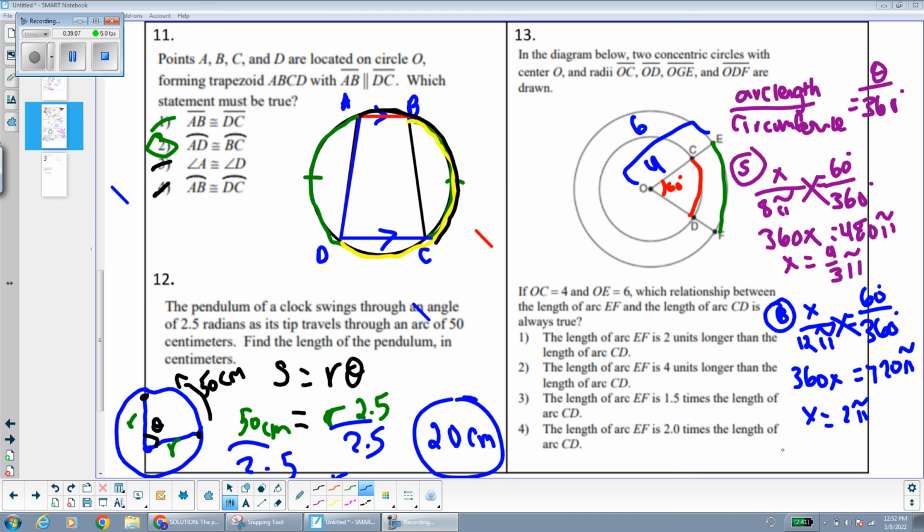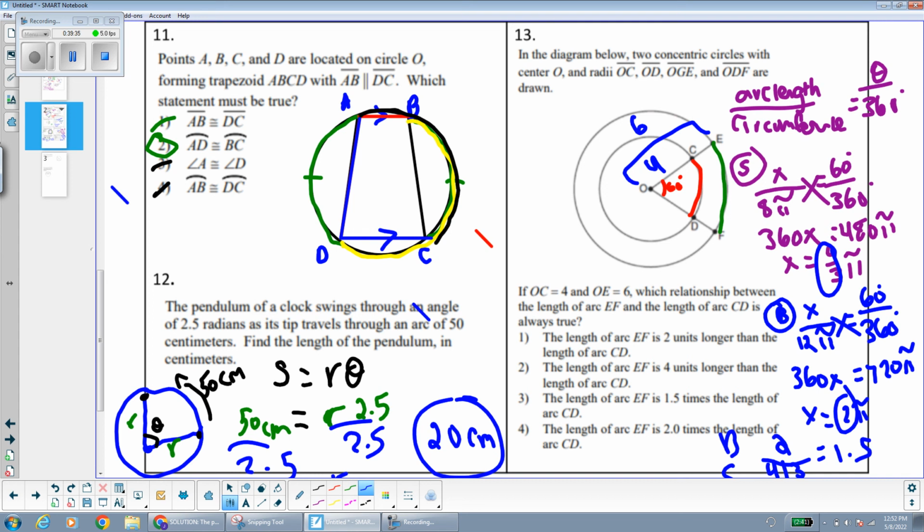I can even type in pi if I want to, but I'm only really worried about the coefficients because pi is the same in both. So I'm just doing bigger over smaller. So 2 divided by 4/3. In your calculator, put the 4/3 in parentheses anytime you're entering a fraction in. And when you hit enter, you should get 1.5.